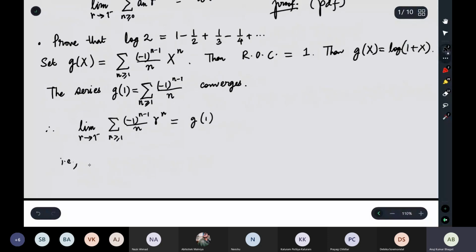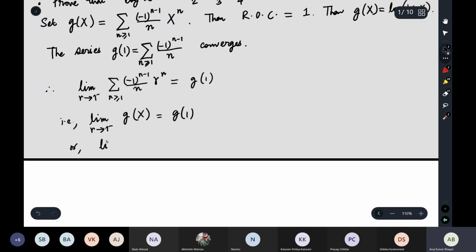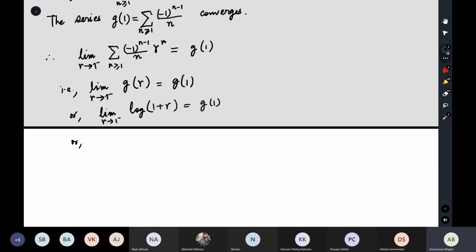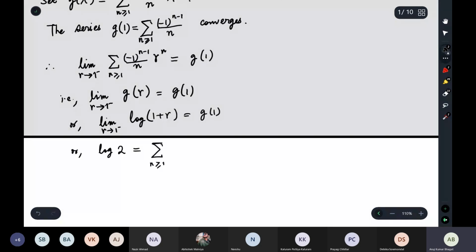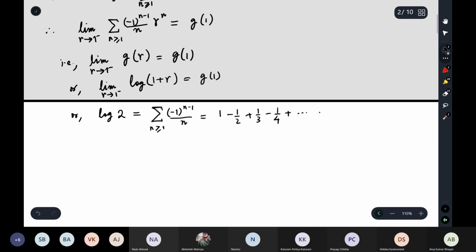So limit r tends to 1 minus of g of r is nothing but g of 1, or limit r tends to 1 minus of log of 1 plus r, because I have taken r, that is g of 1, or because log is a continuous function, you can take that limit inside, so that will become log 2, and g of 1 is nothing but this series, summation n greater or equal to 1, minus 1 to the power n minus 1 by n, and this is nothing but 1 minus half plus 1 by 3 minus 1 by 4 and so on. So hence we are done, right?